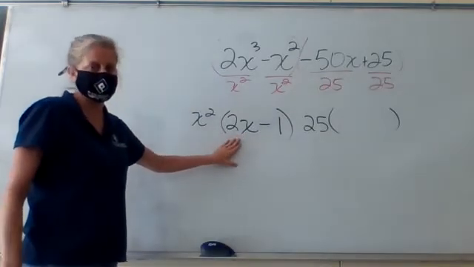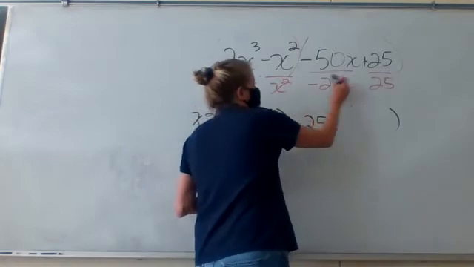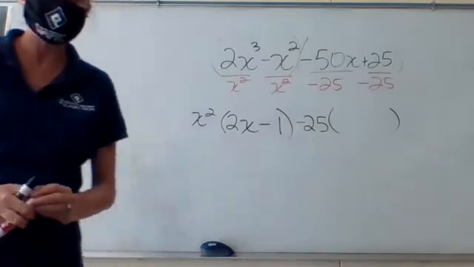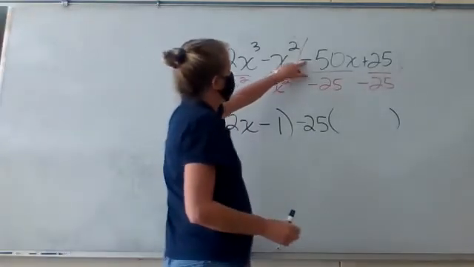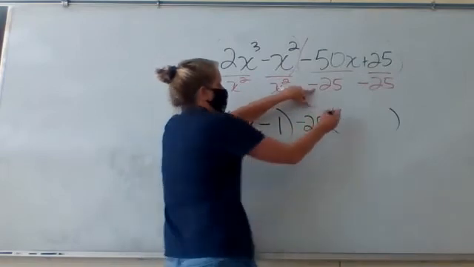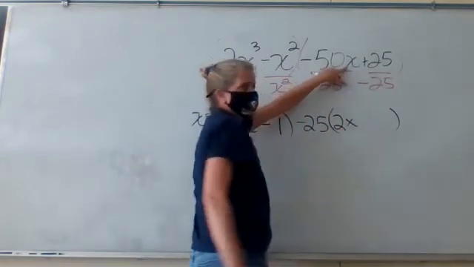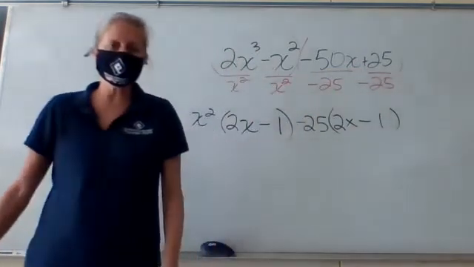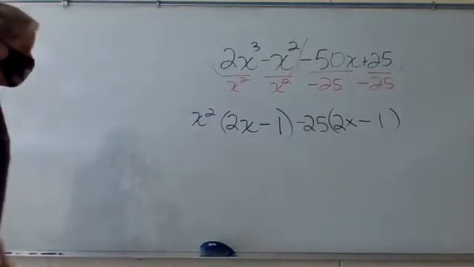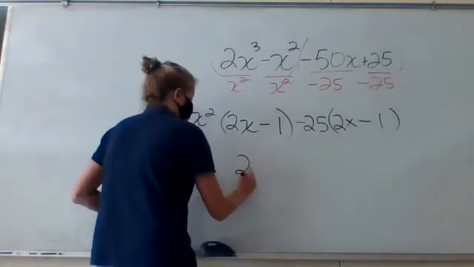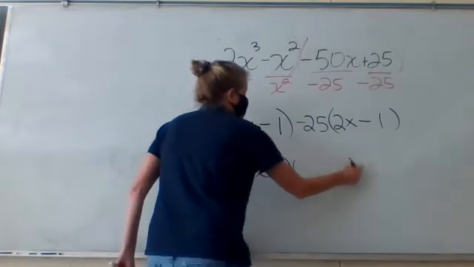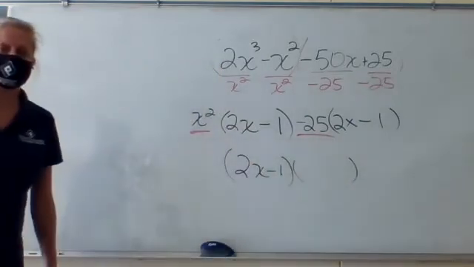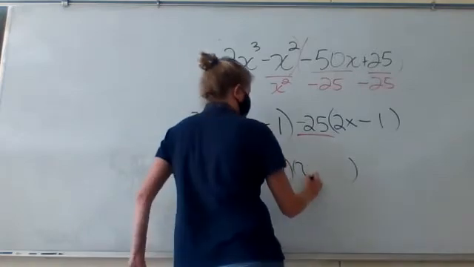I need positive 2x, which means I need to pull a negative out with that 25 so I can change my signs to be what I want them to be. If I divide negative 50 by negative 25, it gives me positive 2x. Positive 25 divided by negative 25 is negative 1. Now my parentheses match. So I've got 2x minus 1 that I can pull out. What's left is just these two things right here, which are always going to be your second parentheses. So x squared minus 25.